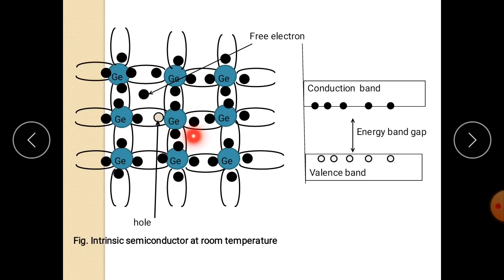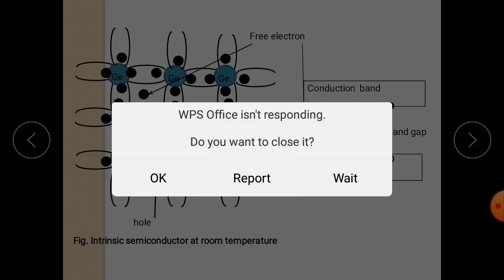These are the valence electrons. Some of the valence electrons acquire the thermal energy and get excited.